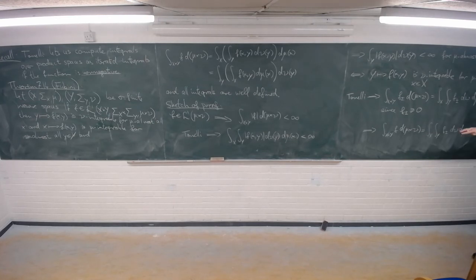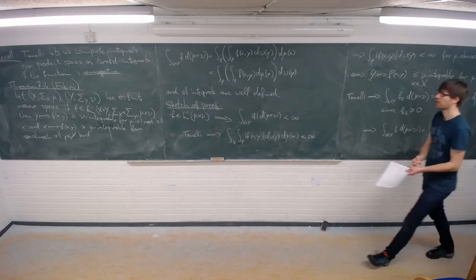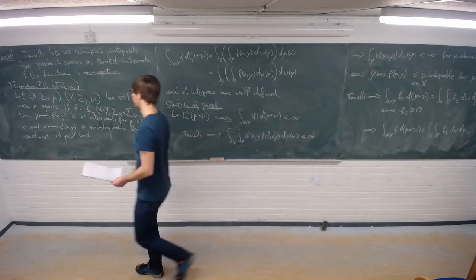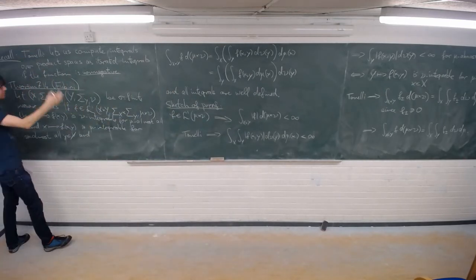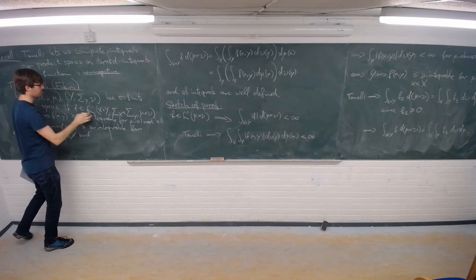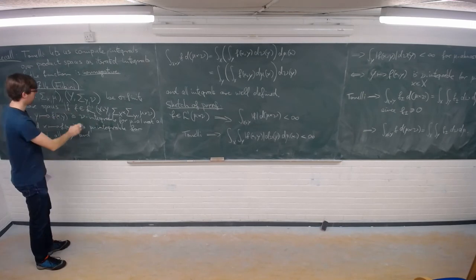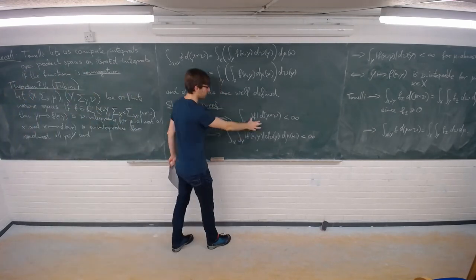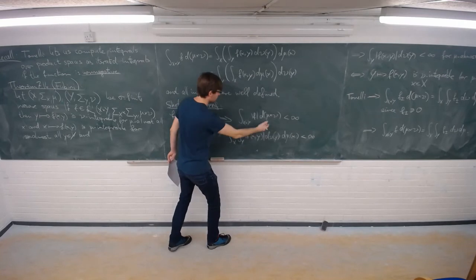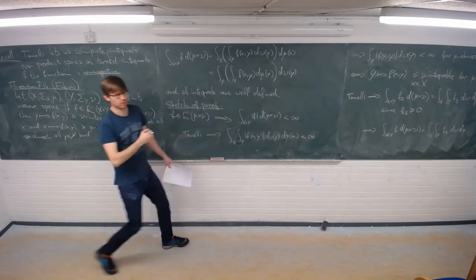Namely, you take the absolute value, then it's non-negative, then we can apply Tonelli, and then we get this formula. It nicely shows how the non-negativity assumption in Tonelli can be replaced by the integrability assumption in Fubini, because by integrability we can replace f by its absolute value, and we get a finite integral, and then we can apply Tonelli again.